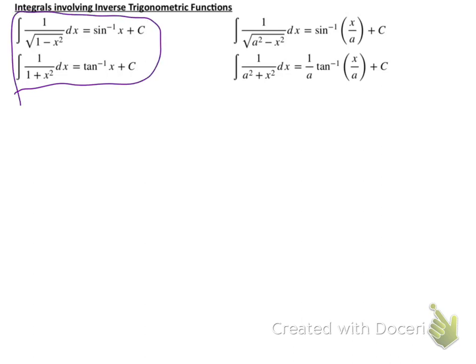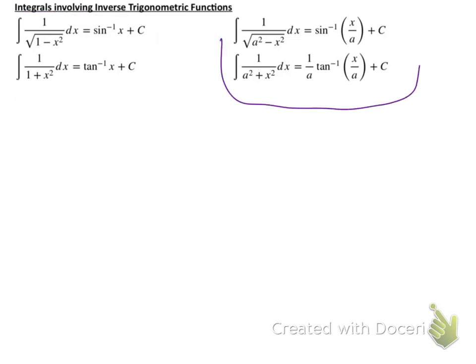Personally, I don't really remember these two formulas as formulas because they are huge. For me, I remember the formula of 1 over the square root of 1 minus x squared and 1 over 1 plus x squared, and I do a little substitution. So for example, which one is easy to do? Let me do the second one.